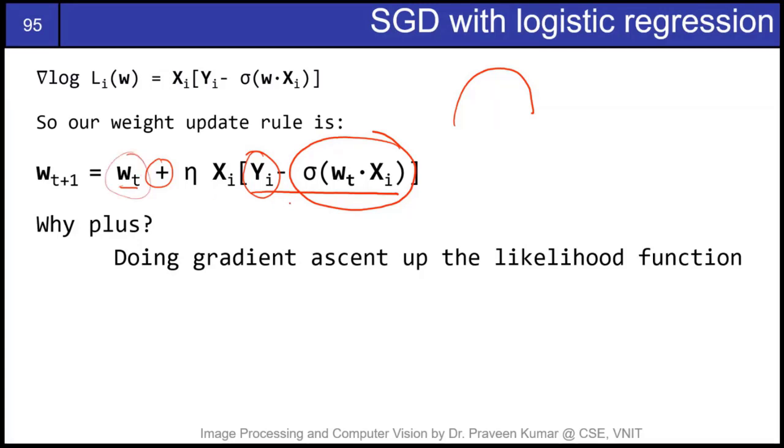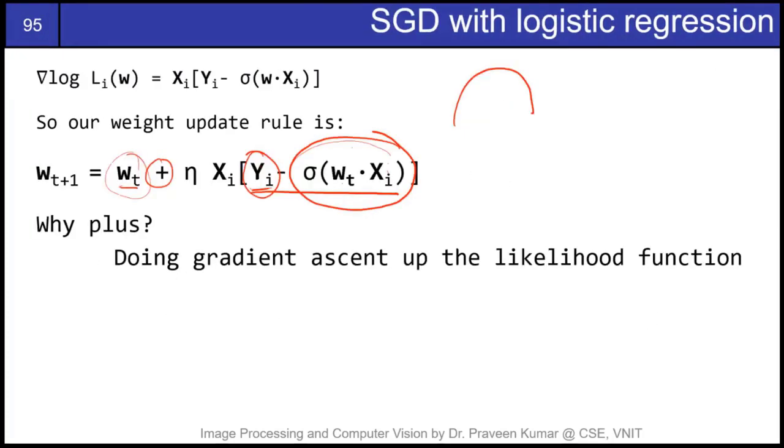When this difference is large, you will change the weight more drastically. Whereas when this distance becomes smaller, that means your predicted probability becomes closer to your actual ground truth label. In that case, this difference will become small, and the modification in the weight will be smaller. So it will work out properly in practice, because that is what we wanted. We would like to update our weight in order to match our predicted probability with the actual output score.